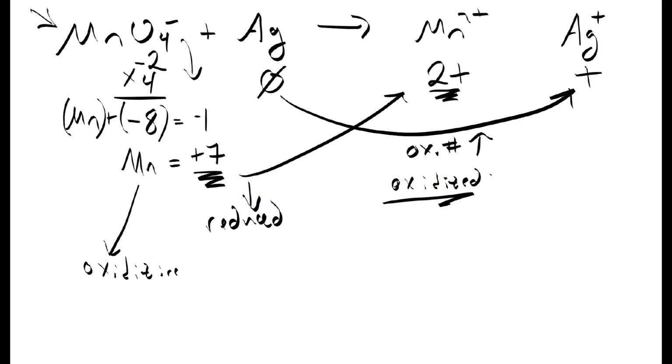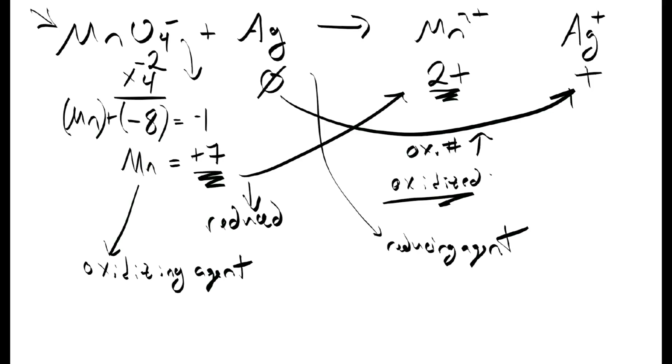Manganese is the oxidizing agent, and silver is the reducing agent. Because why not throw two terms at you that mean the exact same thing, but say it in confusing and exactly the opposite way? Okay.